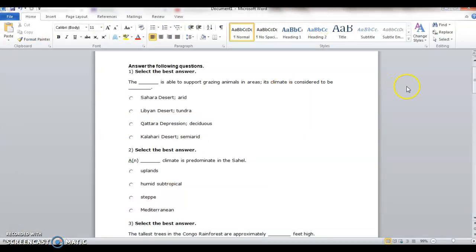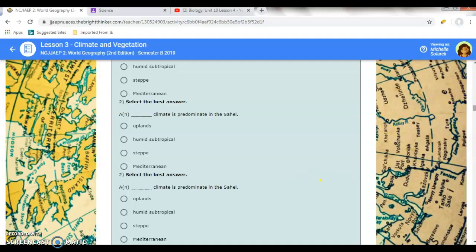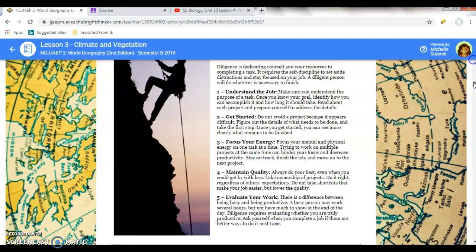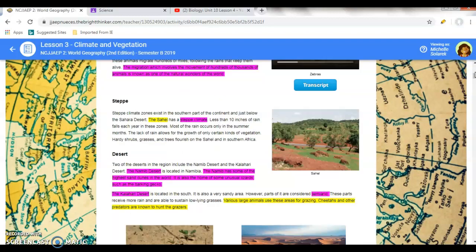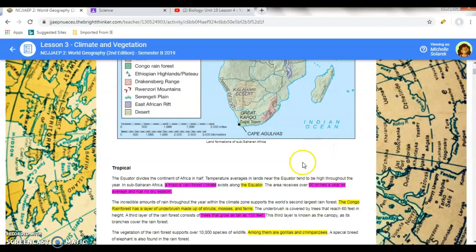Okay. So the first question is, the blank is able to support grazing animals in areas and its climates are considered to be blank. So with that being said, if we go back and we scroll up, the first one is going to be... where is it?